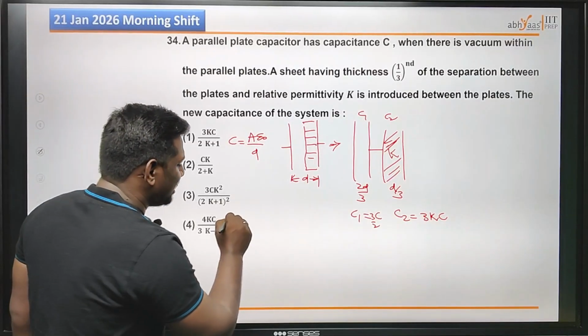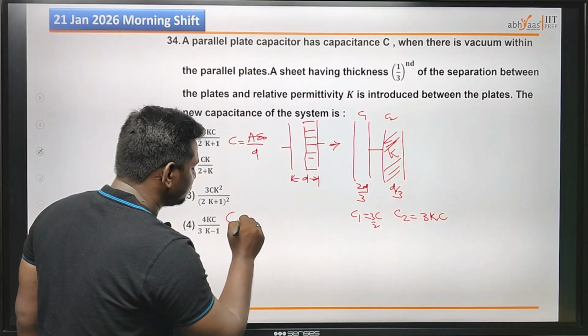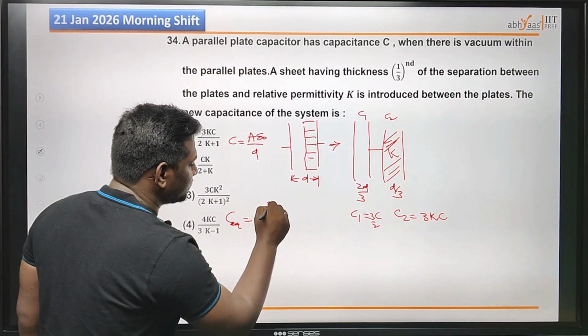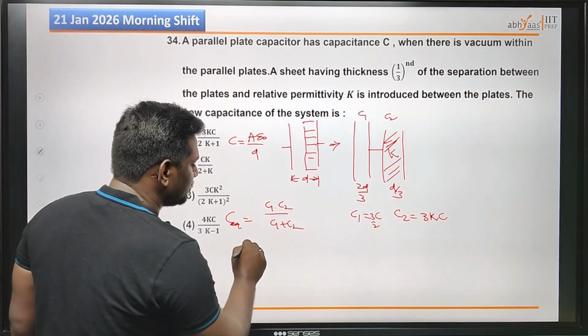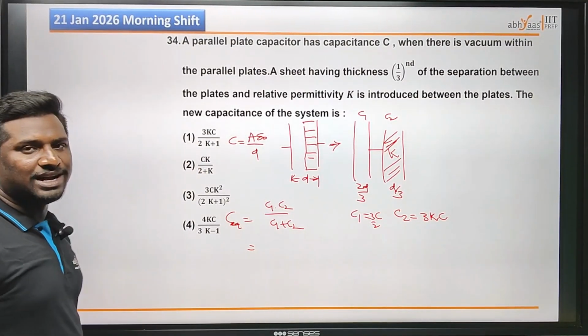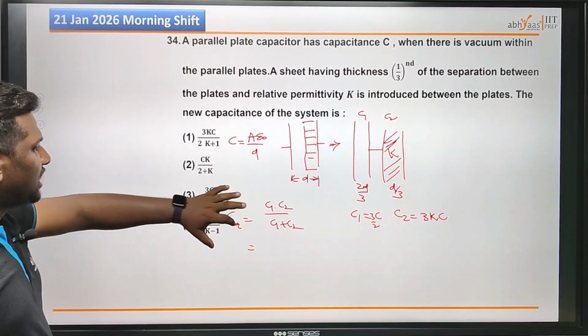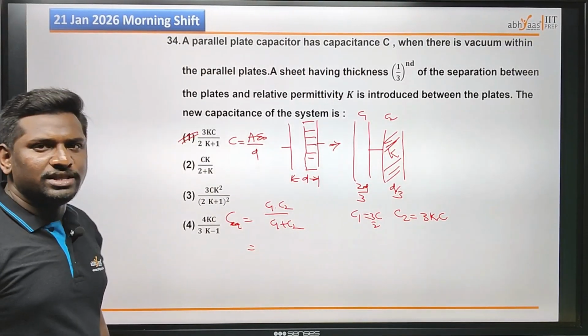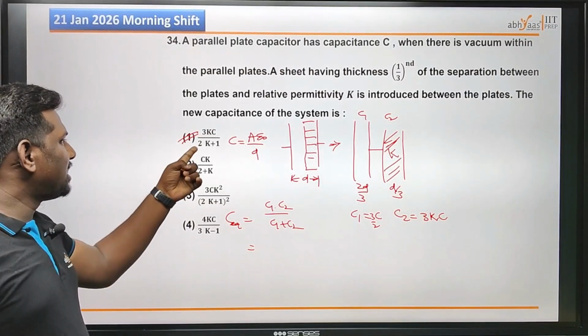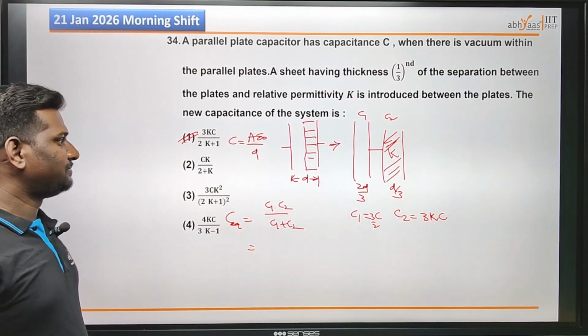So what is the equivalent capacitance? For two capacitors in series, C1 C2 by C1 plus C2. So if you substitute and solve this equation, you will get the answer: 3kC by 2k plus 1.